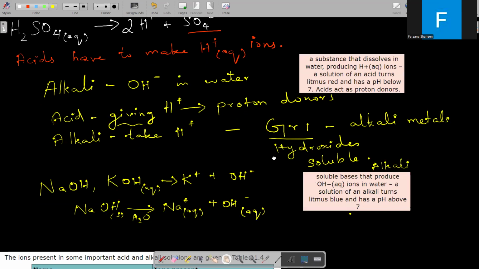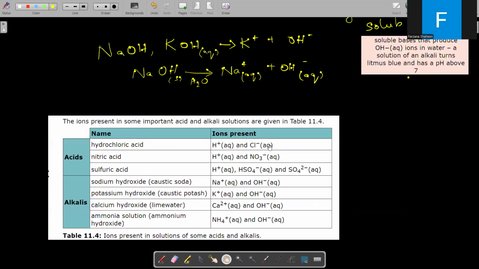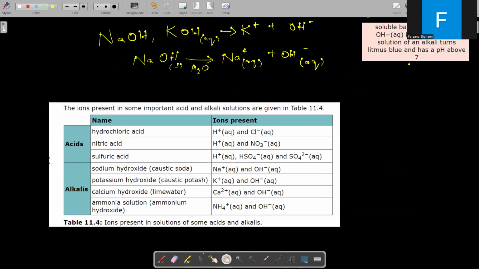Okay, so let's review a few of the ions that are present. For acids, we learned about hydrochloric acid. What are the ions that are present? They are hydrogen ions and chloride ions. Nitric acid has hydrogen ions and nitrate ions.